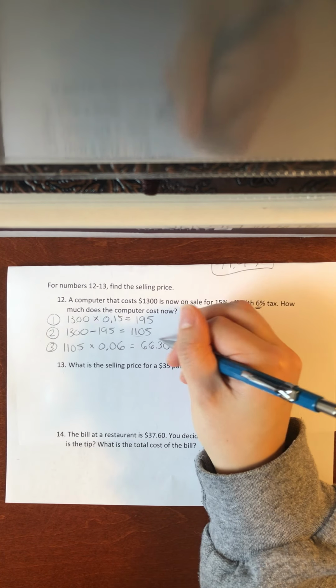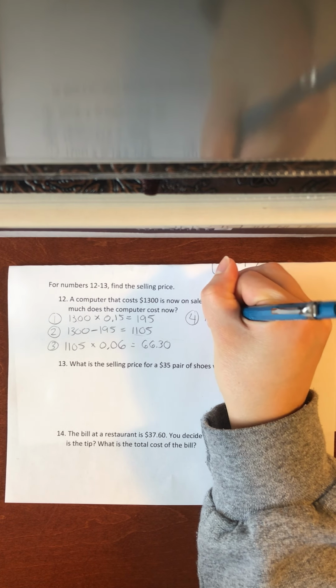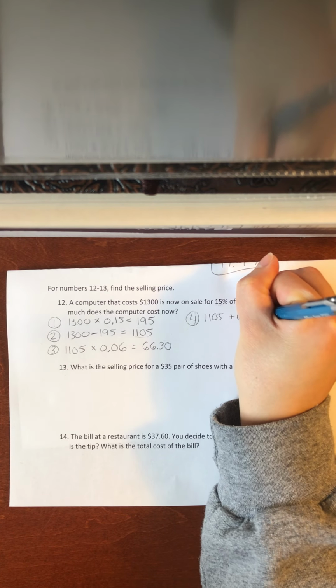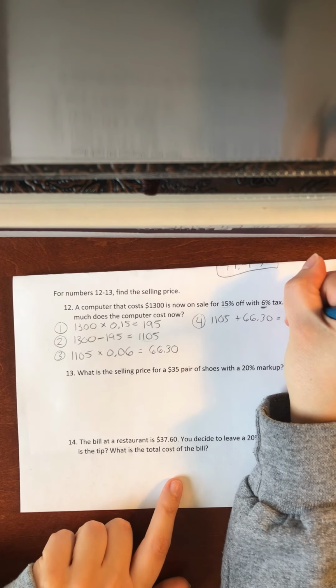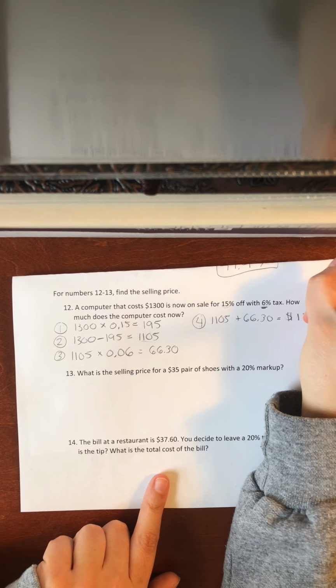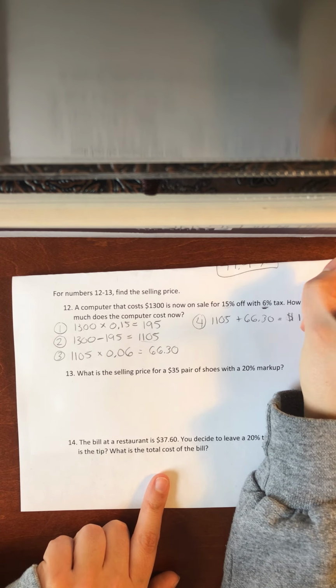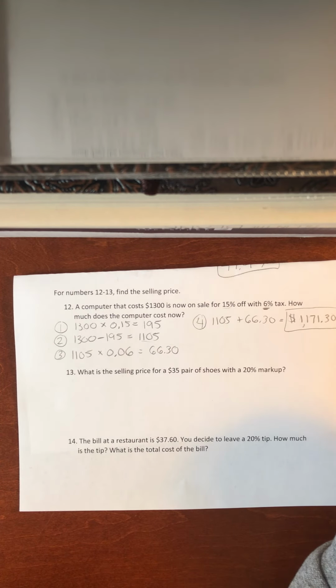Then we need to add that tax to this cost. So 1,105 plus 66.30 equals 1,171.30, and that is the total cost.